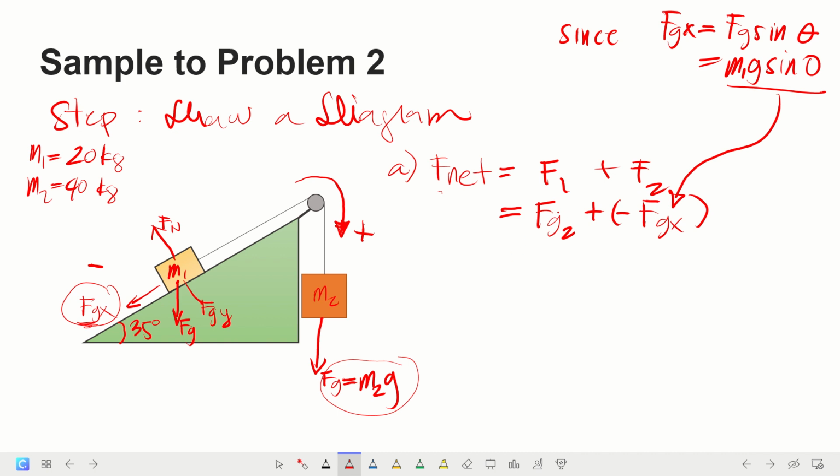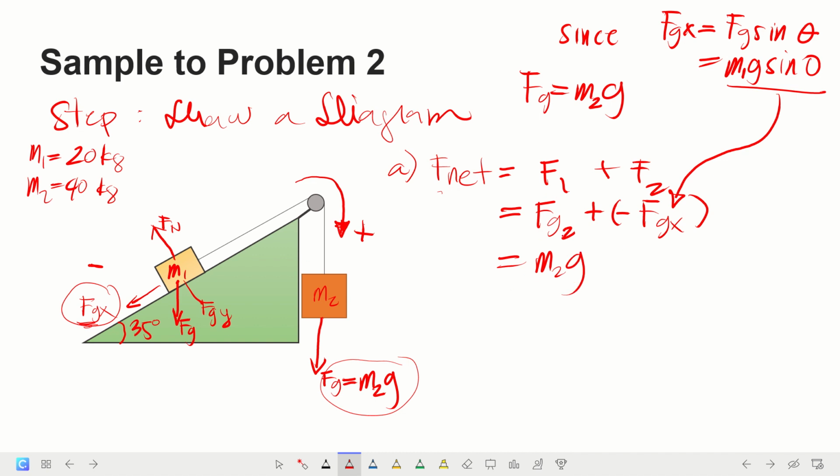So the weight of mass 2. We know that force due to gravity is equal to mass times acceleration due to gravity. Since this is mass 2, we're going to use mass 2. So here we can replace this with m2g, because what is given is the mass, not the weight.